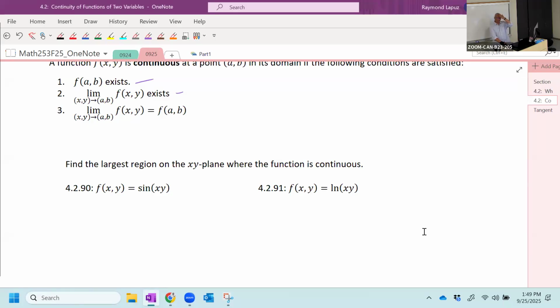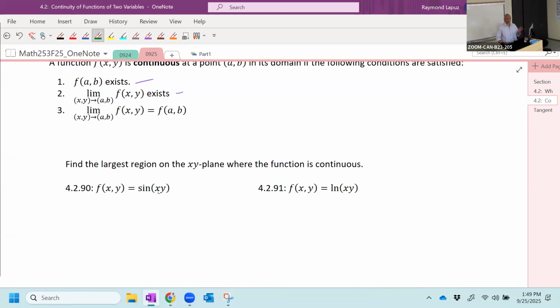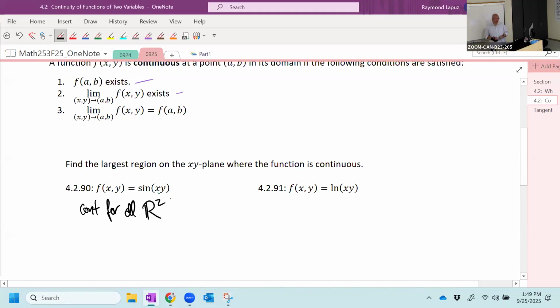So in this first example, the largest plane where it's continuous, you can put in any value for x and any value for y into the sine function, and it'll work just fine. The domain is R2, so continuous for all of R2.